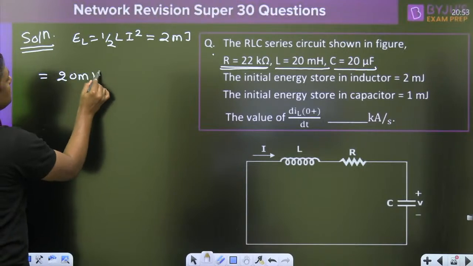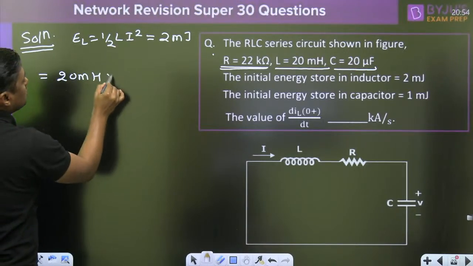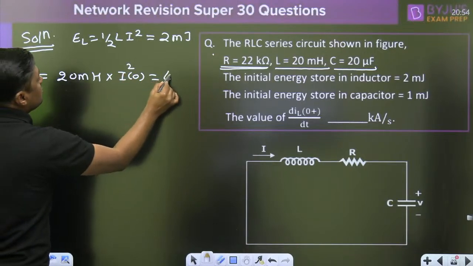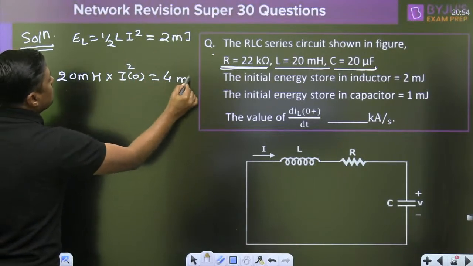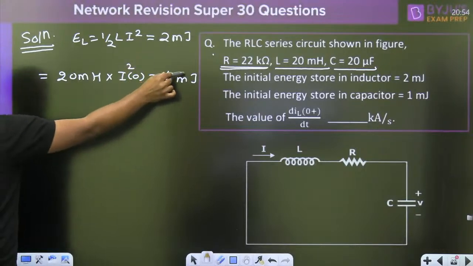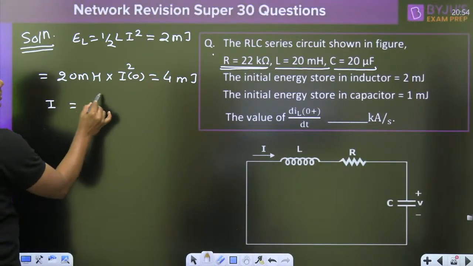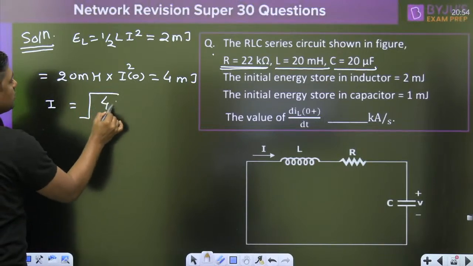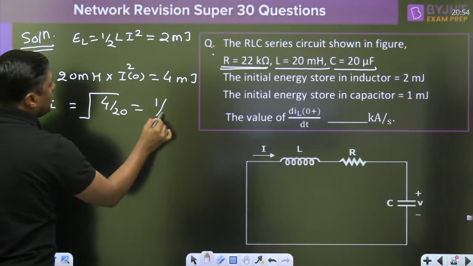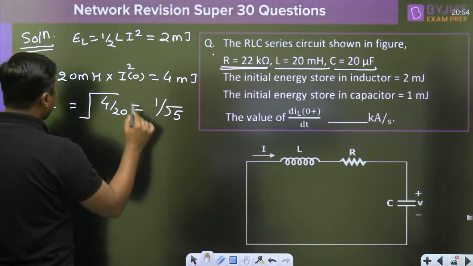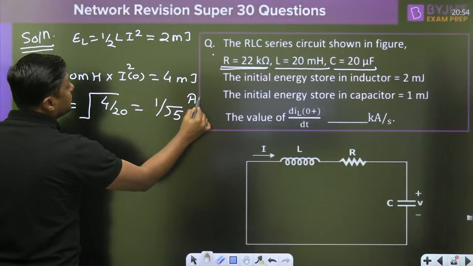Into i square, which is nothing but the initial value of the current squared, equal to 4 millijoule. This is 2 into 2, 4. The milli cancels. So i is equal to root over 4 by 20, which is nothing but 1 by root 5 ampere.